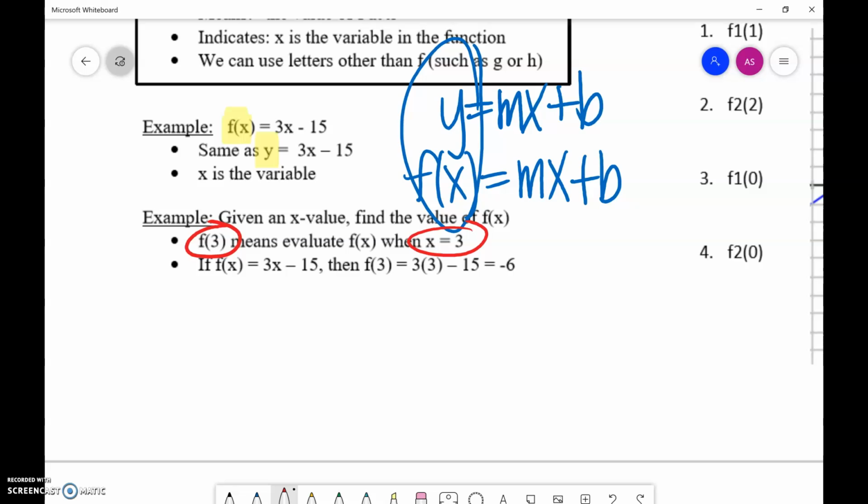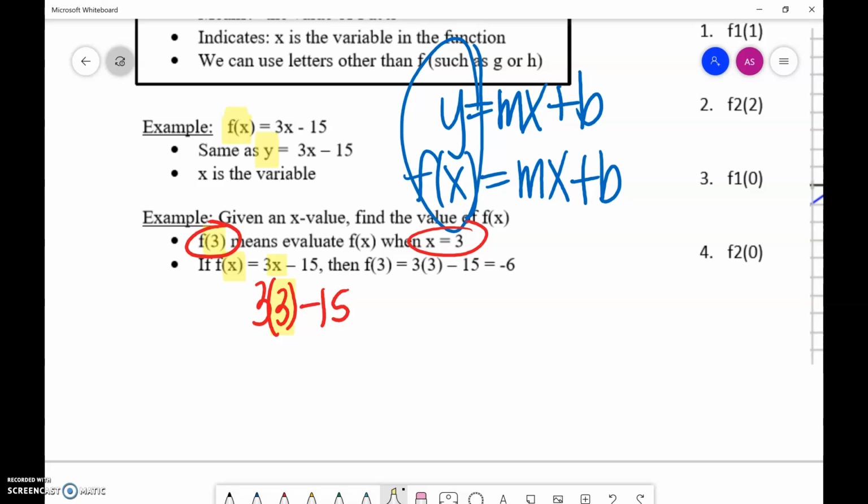The function they gave me is f of x equals 3x minus 15. What I'm going to do is plug in 3 where I see x. My x was right here, so all I did was replace it with 3.